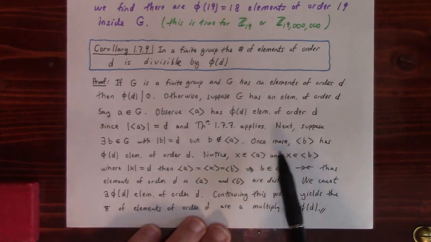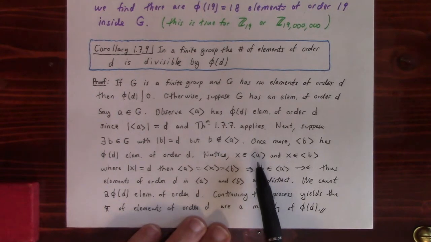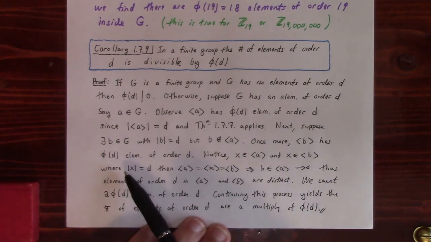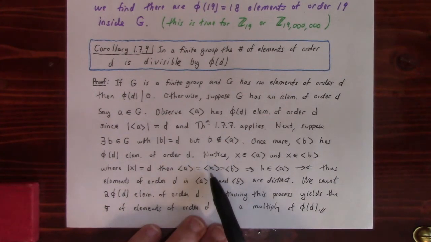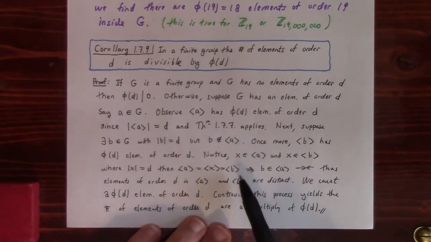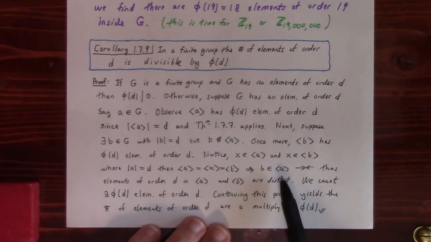And notice that if you did have an X which was common to both the subgroup generated by A and the subgroup generated by B, where the order of X was D, then the subgroup generated by A would be equal to the subgroup generated by X, which would be equal to the subgroup generated by B, which would then say that B is an element of the subgroup generated by A, which contradicts our assumption.